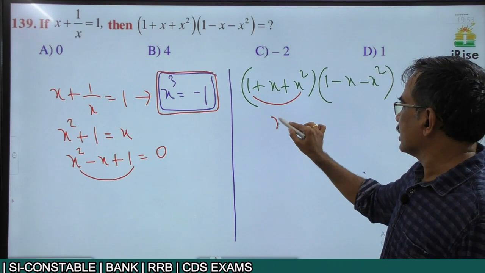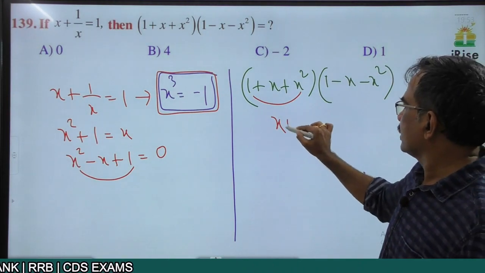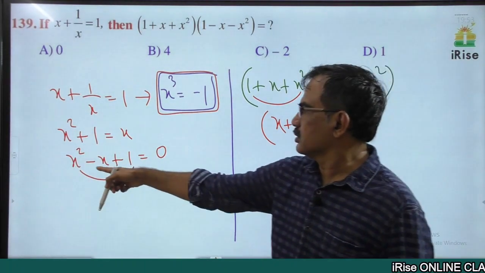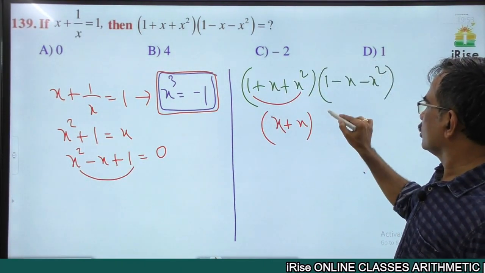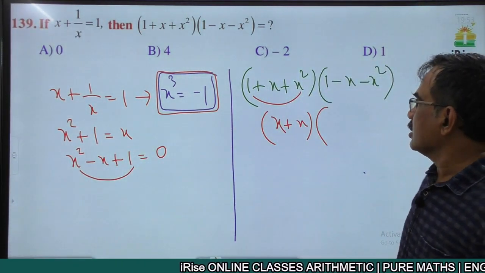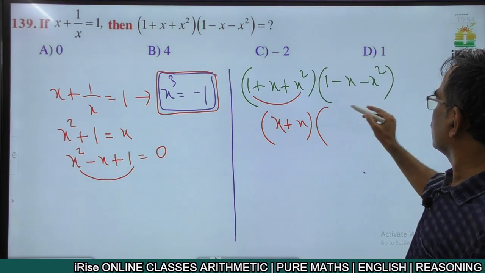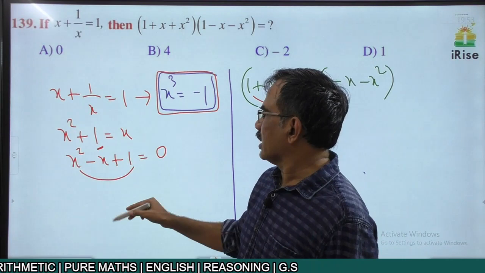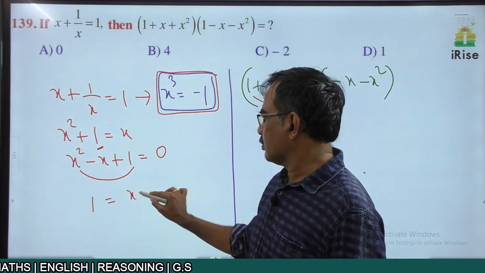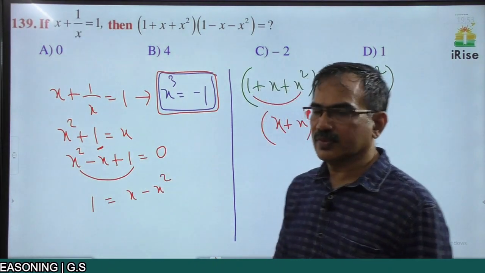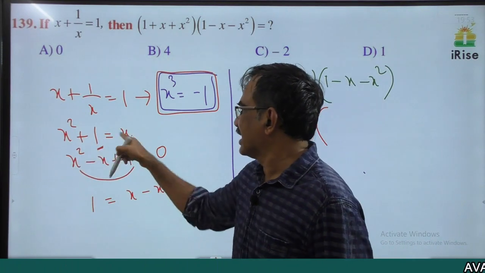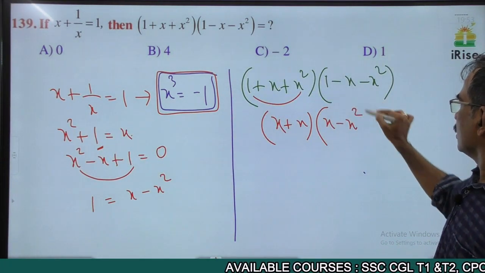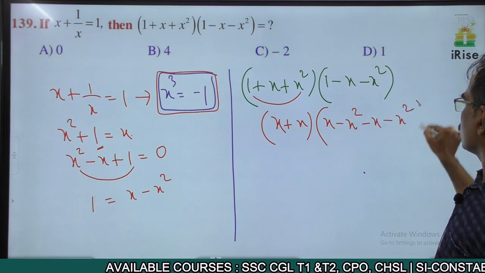Already one more x. The second part: in the place of 1, I want to write 1 is equal to x minus x square. Substitute here: x minus x square minus x square.